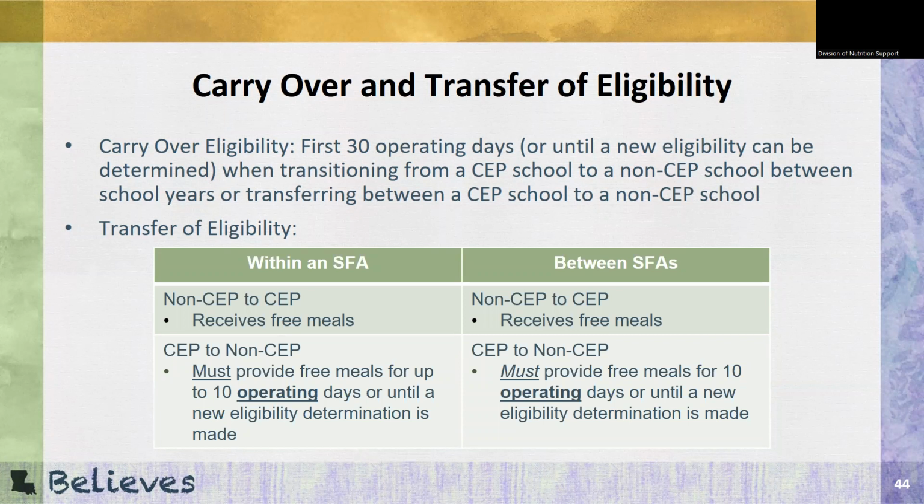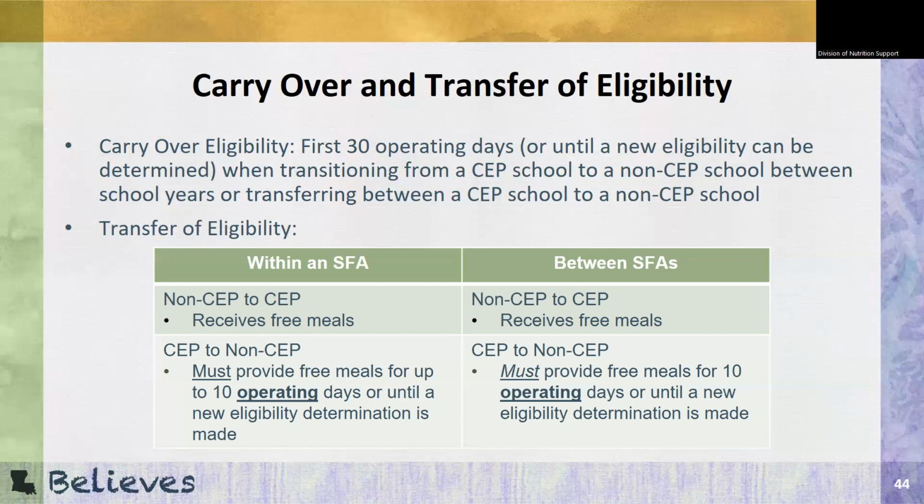Carryover allows students to continue receiving school meal benefits while families complete and submit, and schools process, applications. The carryover period is not intended to delay processing of applications. Instead, schools must process applications as they are received and promptly notify households of their eligibility status.